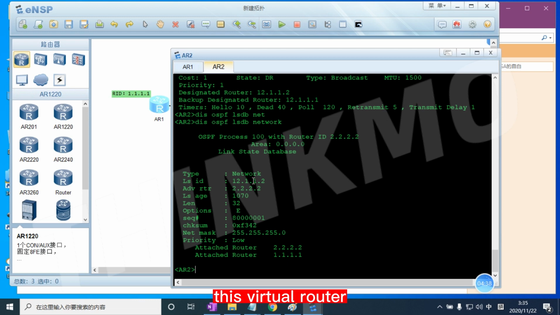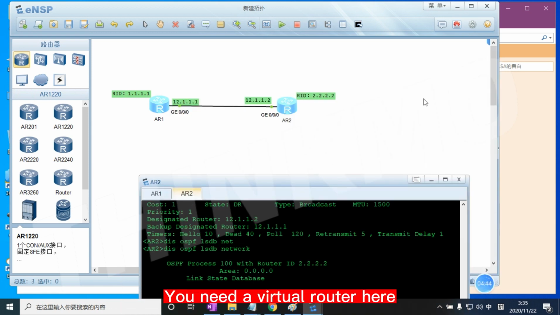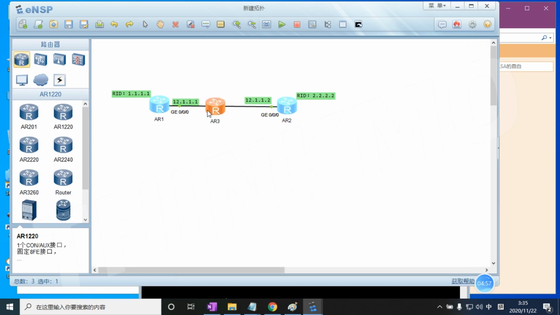In a MA or NBMA network environment, you need a virtual router. Let's say I draw out a router. You can understand that there is a router between AR1 and AR2. This router is one virtual OSPF router.